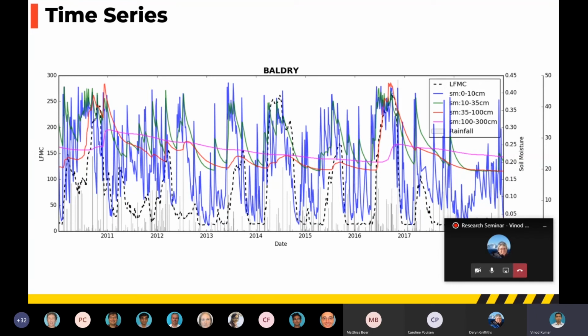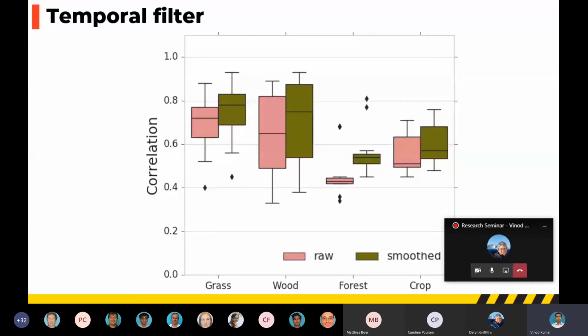This is shown in the next slide. Ignore the green box on this for the time being. The light pink actually shows the lag correlations of the 0 to 35 centimeter layer against the live fuel moisture content.